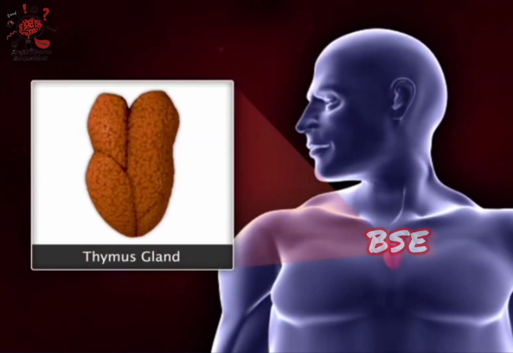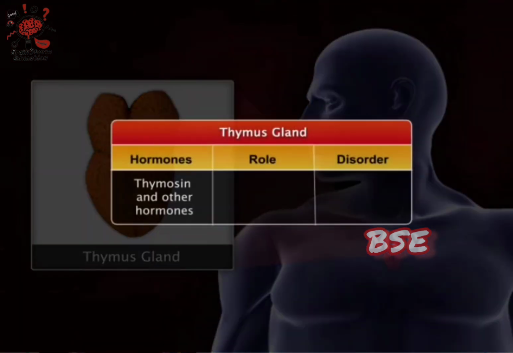The thymus is a small endocrine gland located underneath the breastbone. It is more active in early life. After puberty, this gland slowly begins to shrink. It is involved in development and is an important part of the defense mechanism.